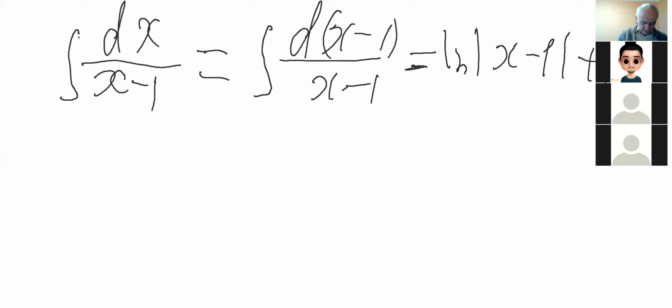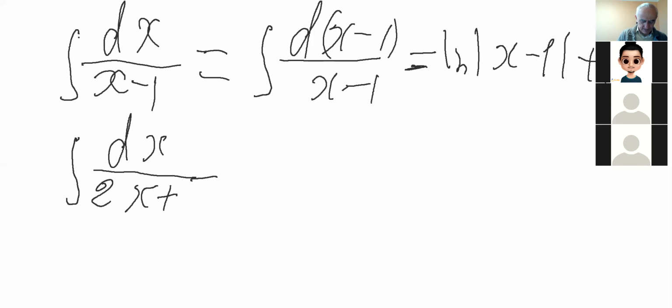Okay, now let's make it more complicated and find the integral dx over 2x plus 7. Maybe ln of 2x plus 7 over 2.